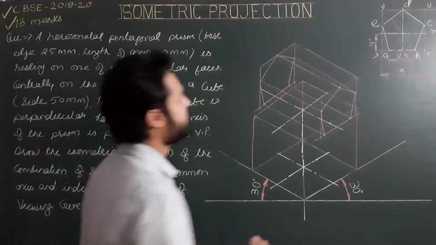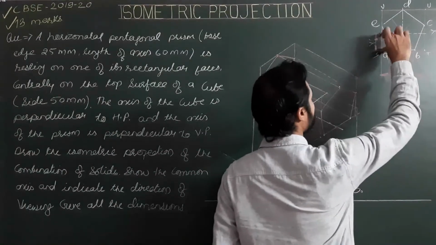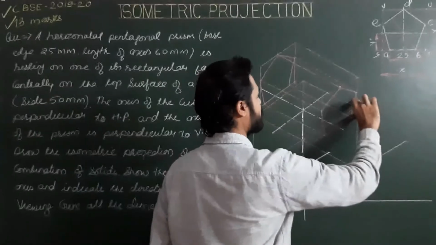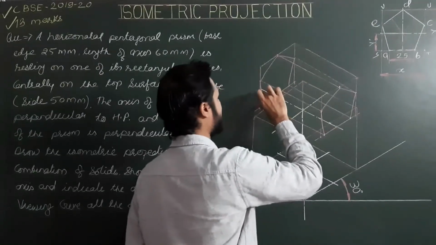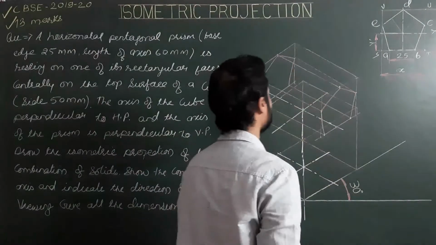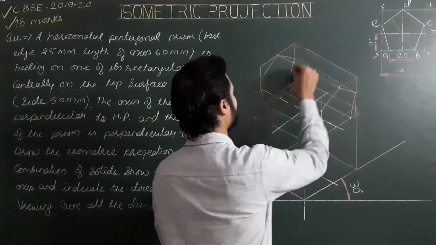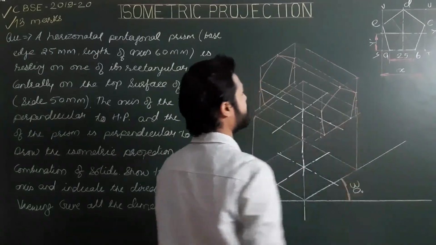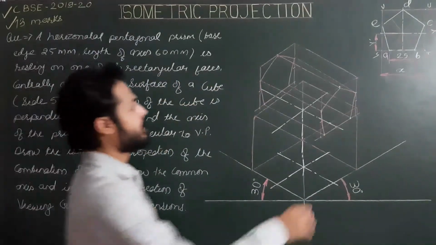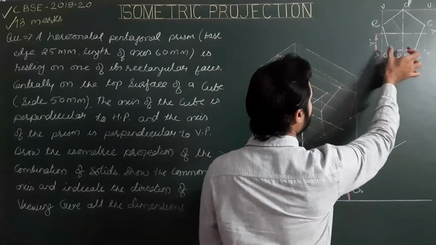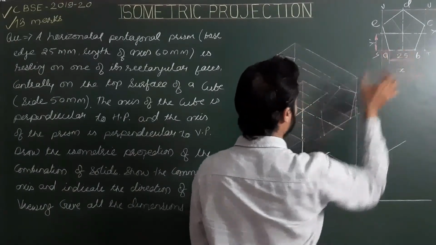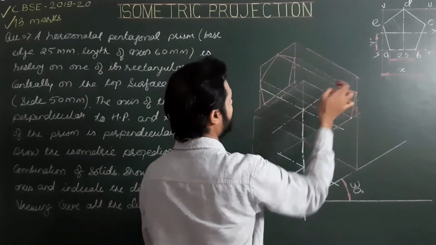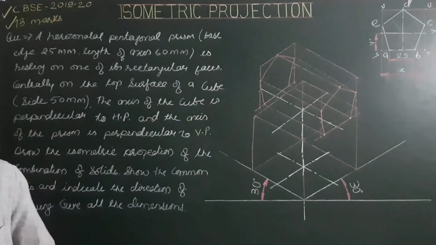Next, locating the centers of the pentagonal bases from S, Y dash. These are the limits of the center line, and half of X from S. So this is the point, and these are two corresponding points.